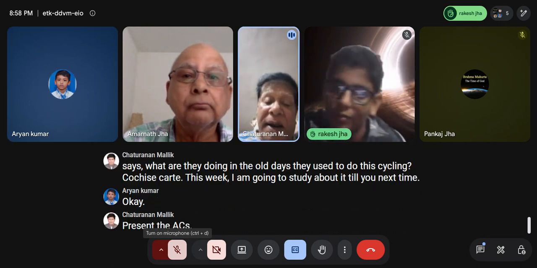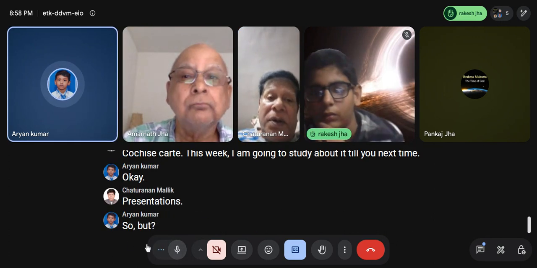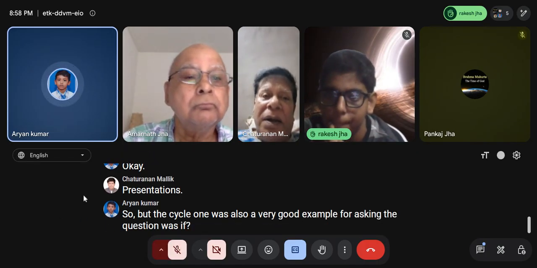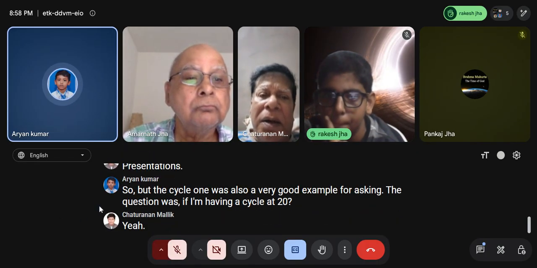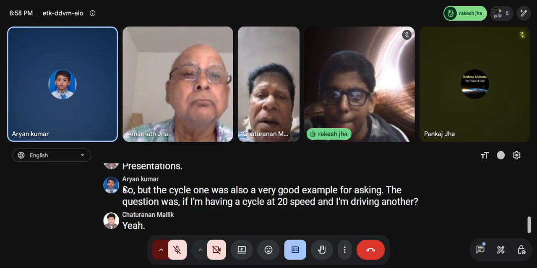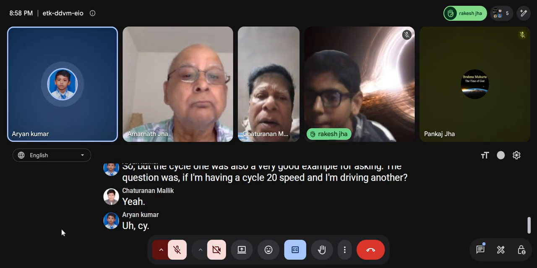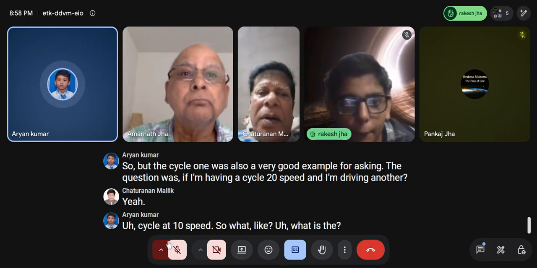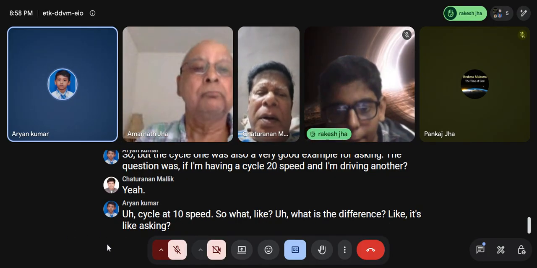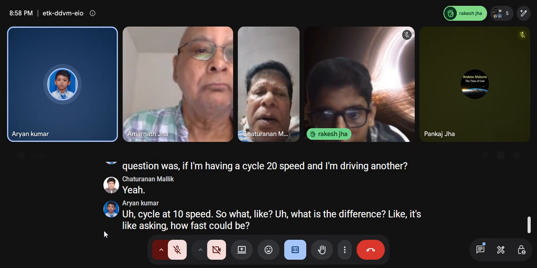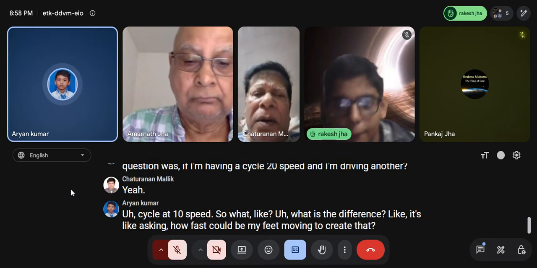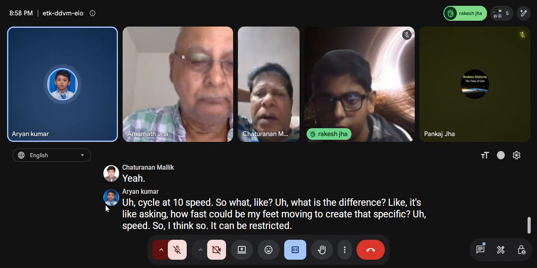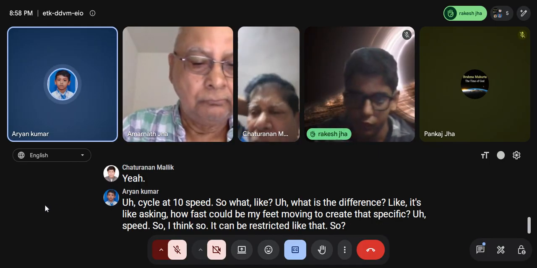What is happening in present day ACs? Sir, but the cycle example was also a very good example for asking that question. If I'm driving a cycle at 20 speed and another cycle at 10 speed, what is the difference? It's like asking how fast my feet would be moving to create that specific speed. So I think it can be restructured like that.